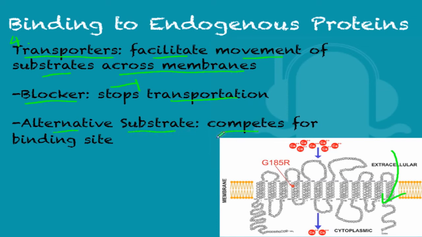These compete for the binding site. A blocker, for example, would be cocaine, that inhibits uptake 1. And then an alternative substrate would be amphetamine, which competes for the binding site, again on uptake 1.